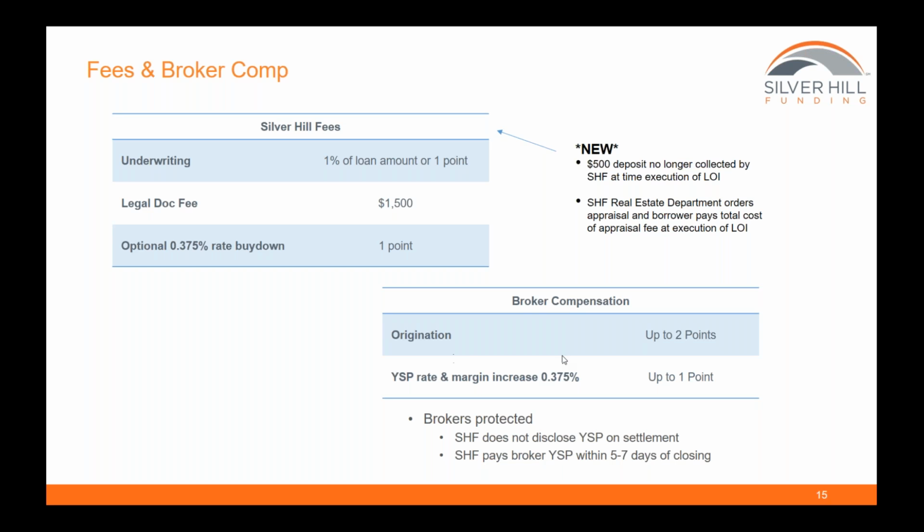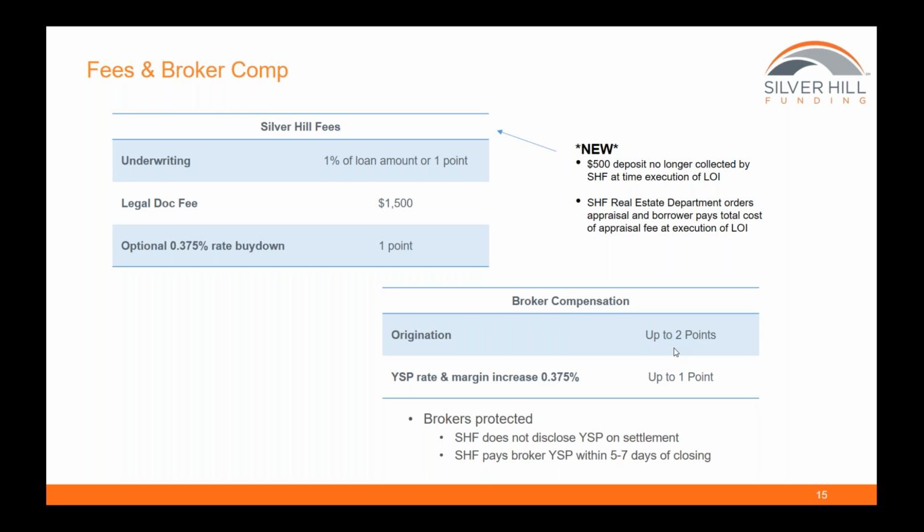So we matched what was happening for the last 3 years to our guidelines. Before, our origination max capped out at 3 points, we lowered it to 2, and our yield spread capped out at 2 points, and we also lowered that to 1. So you can still make 3 points on loans.